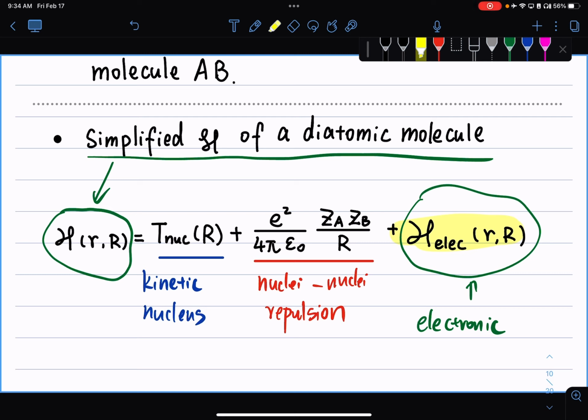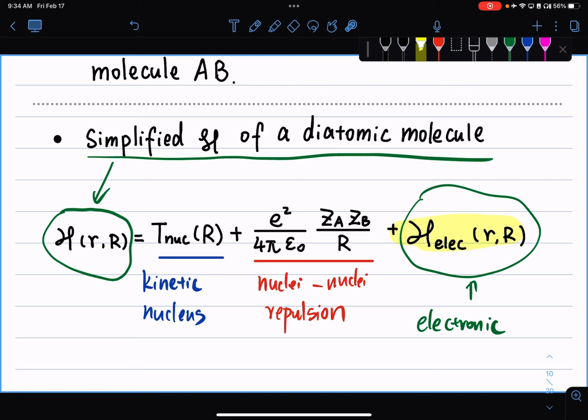And for this class, I don't expect you to solve any of these equations, but you do need to know the physical meaning of these equations, like what we did for the Morse potential, right? I don't need you to know the actual position of those points, but you need to know what those points mean.